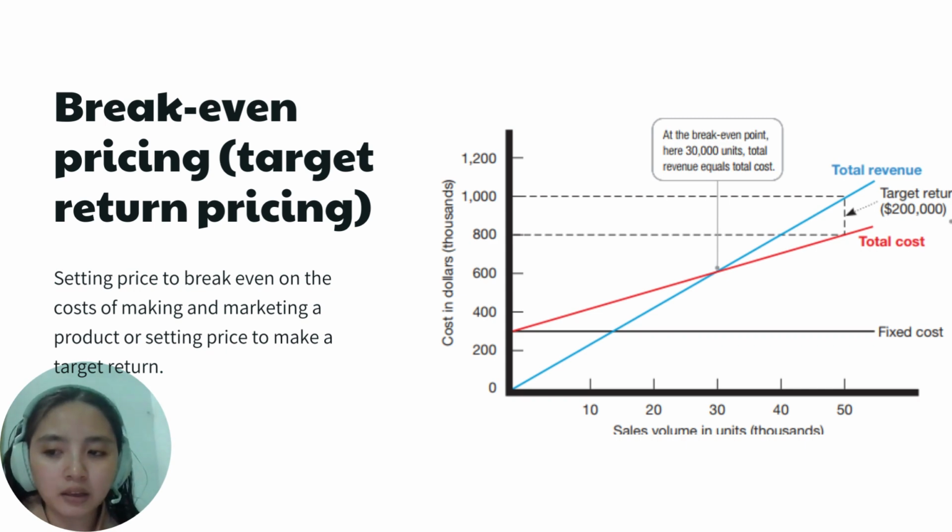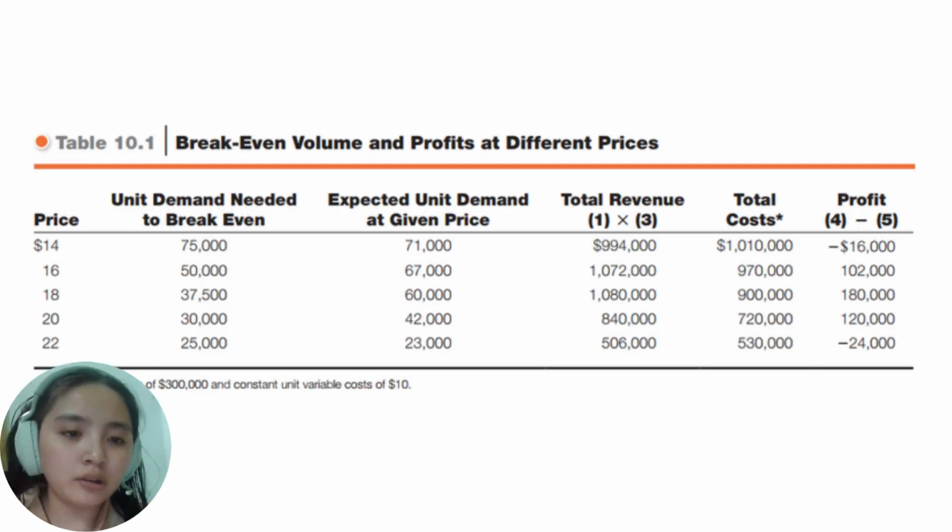Variable costs are added to fixed cost to form total cost, which rises with volume. The total revenue curve starts at zero, as you can see the blue one, and rises with each unit sold. The slope of the total revenue curve reflects the price of $20 per unit. And this is the table of the example of break-even volumes and profit at different prices.